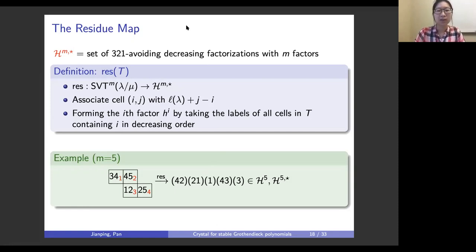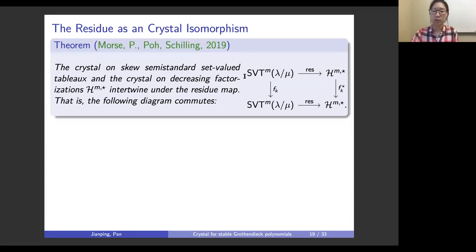Okay, so how does this residue map connect the 2 crystal structures I've just talked about? On the left, we have the crystal on the semi-standard set-valued tableaux. On the right, we have the crystal on the decreasing factorizations.